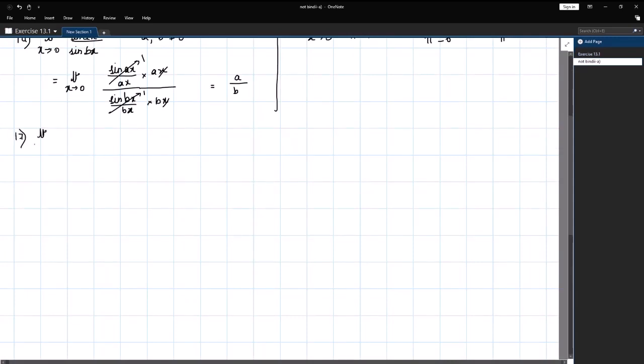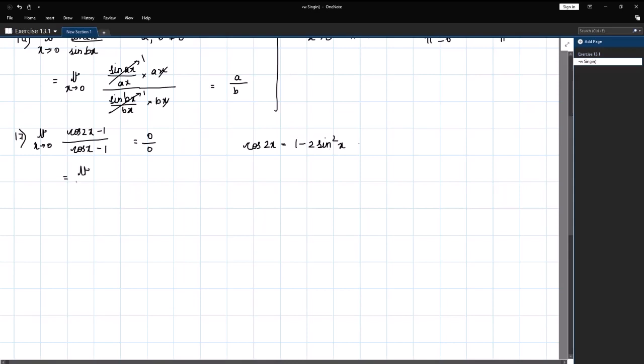And then question number 17. Limit x tends to 0, cos 2x minus 1 divided by cos x minus 1. So if we substitute 0, we'll have 0 by 0 form. So we know the identity cos 2x is equal to 1 minus 2 sine square x. We'll substitute this in the equation.